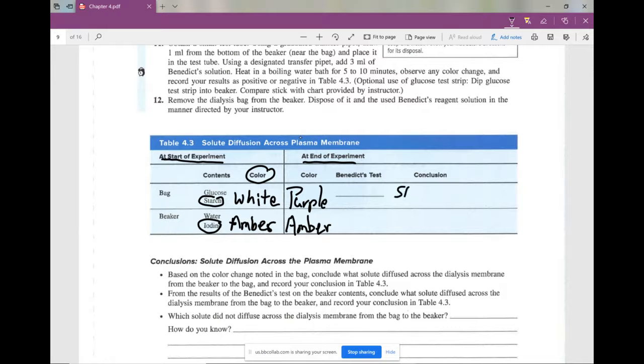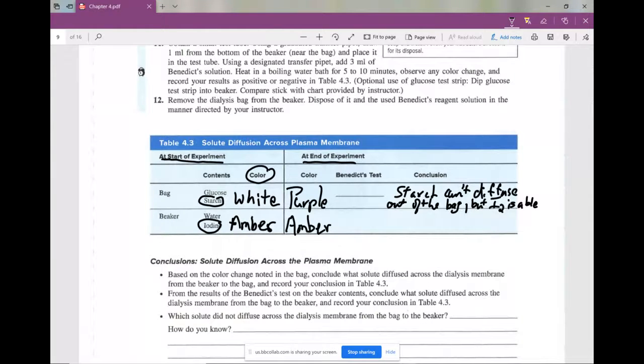So starch can't diffuse out of the bag, but the iodine, I2, is able to go into the bag. It's able to transport itself across the membrane.